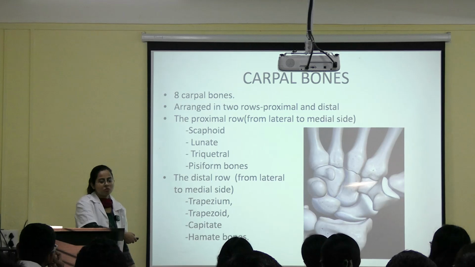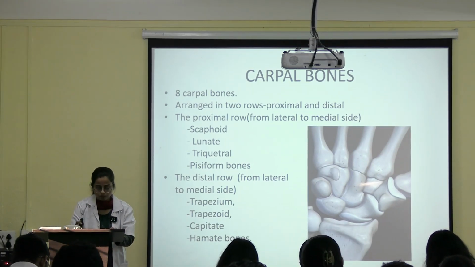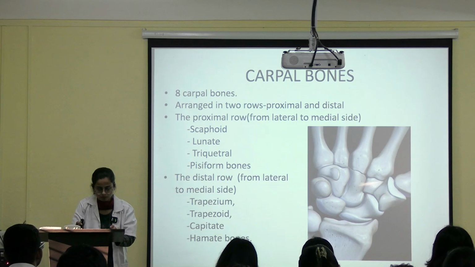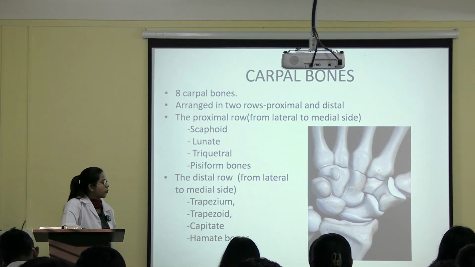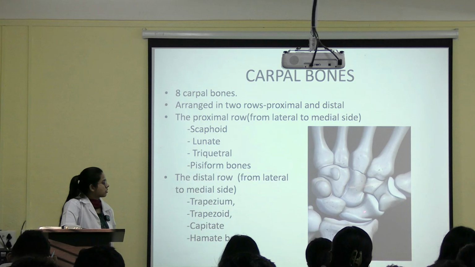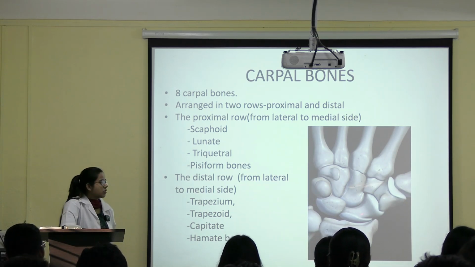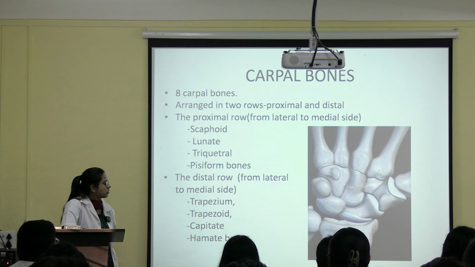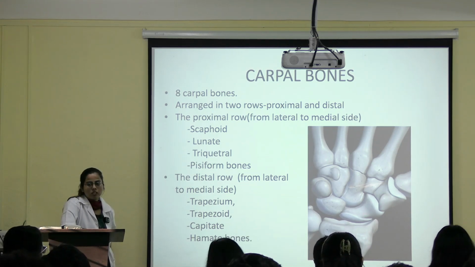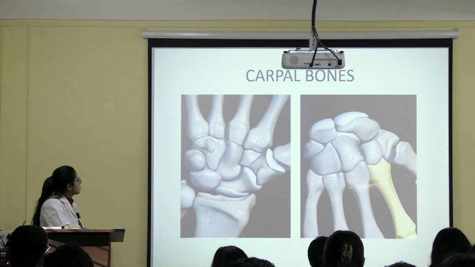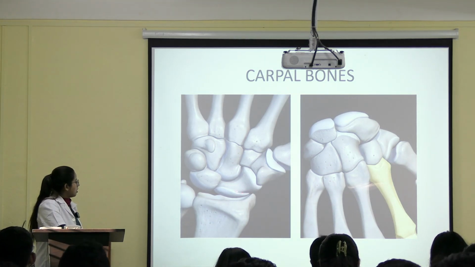So you can take down notes. What is the name of this bone? What is the shape of this bone? It's boat shaped. This is the scaphoid bone.